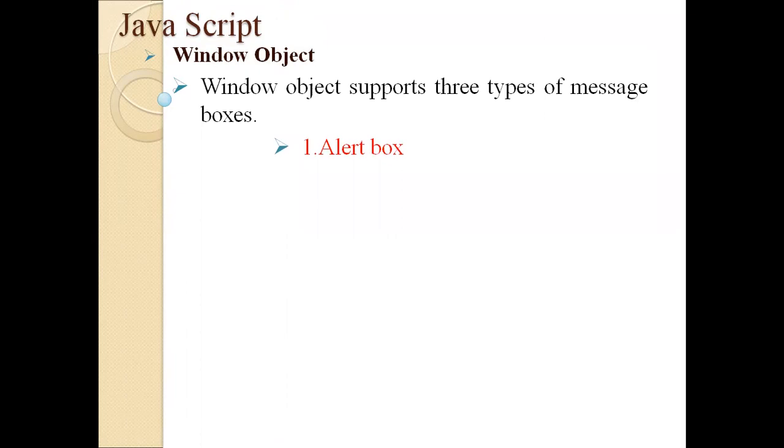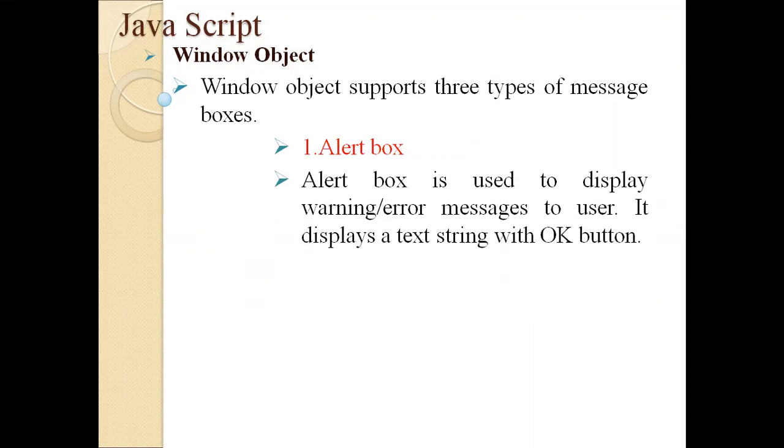the alert box, right? As I said earlier, window objects support three types of message boxes. Among those three types of message boxes, the first message box is the alert box, right? The alert box is used to display a warning or error message.